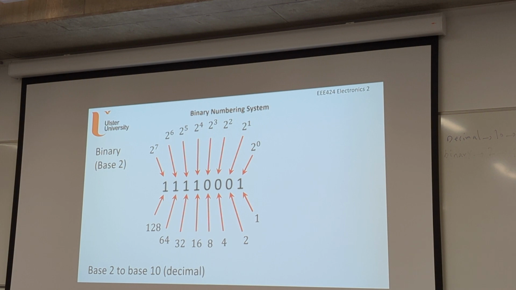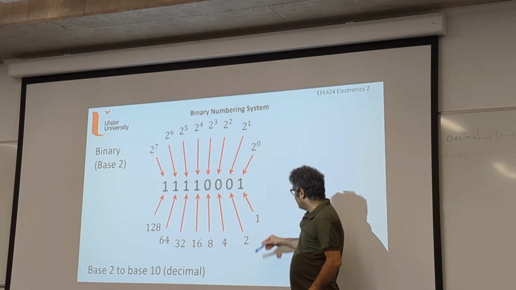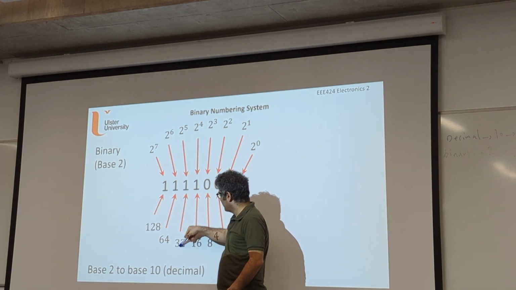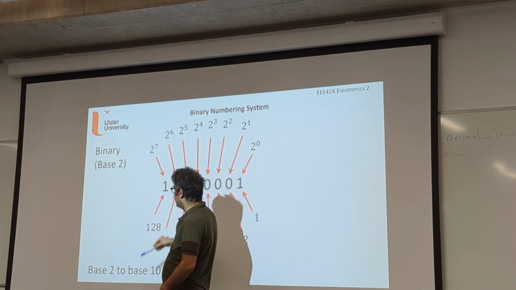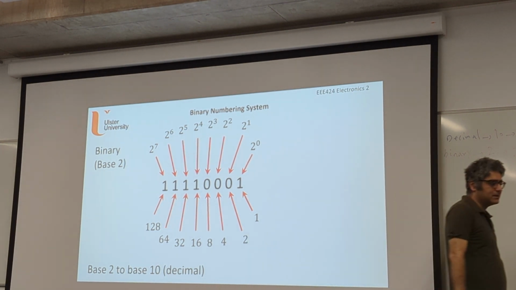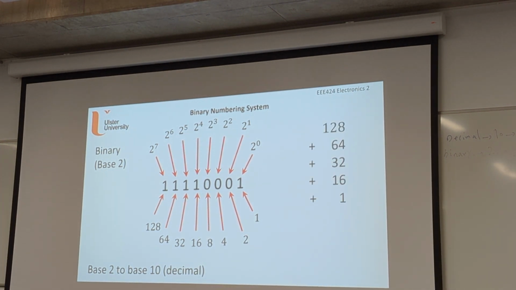Then we multiply. 1 times 1, 0 times 2, 0 times 4, 0 times 8, 1 times 16, 1 times 32, 1 times 64, 1 times 128. Then we add them, and the answer would be 128 plus 64 plus 32 plus 16 plus 1, 241. Is it okay? Yeah? Clear?